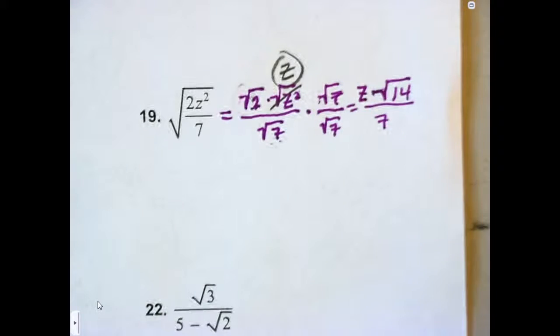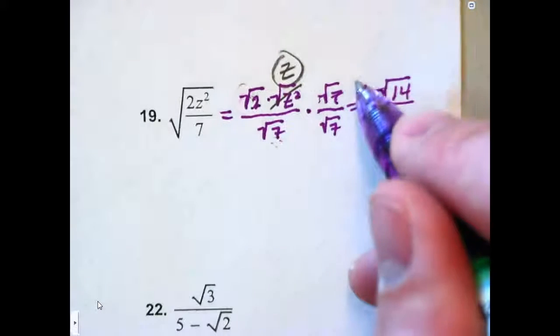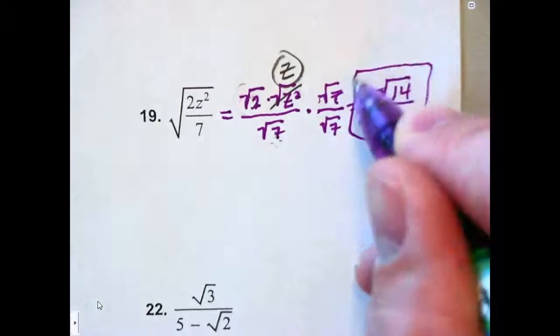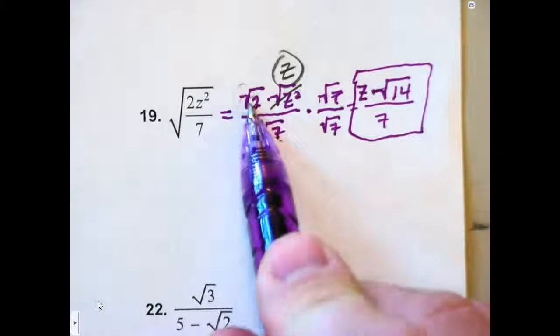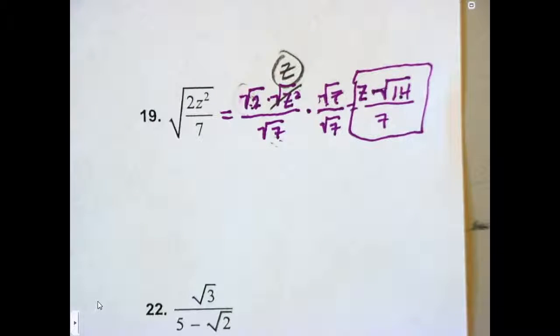Can I simplify root 14 and 7? No, one's inside, one's outside, right? No, we got the 2. 2 times 7.